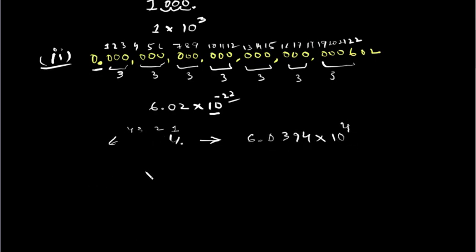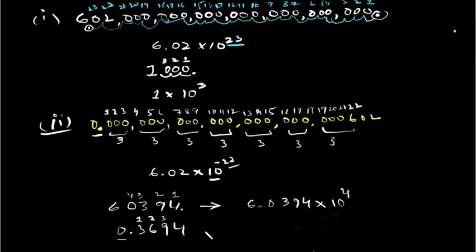And if I do the opposite, let's suppose I have 0.3694. Here the decimal point is after the first digit 0. How many places will I have to move it? Suppose I move the decimal point 3 places, 1, 2 and 3.